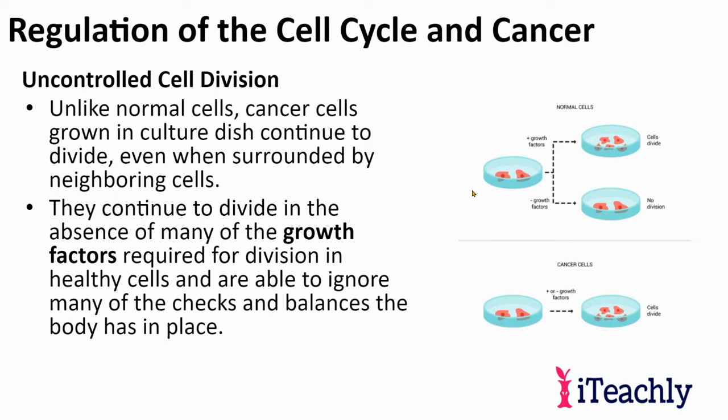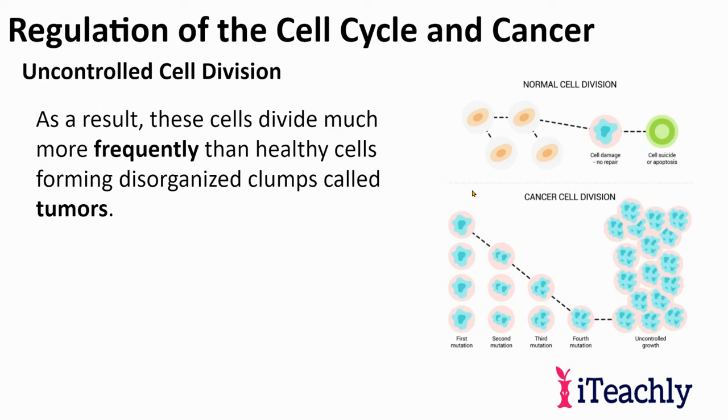They continue to divide in the absence of many of the growth factors required for division in healthy cells and are able to ignore many of the checks and balances that the body has in place. So it doesn't listen to those checkpoints. As a result, these cells divide much more frequently than healthy cells, forming disorganized clumps called tumors, right?